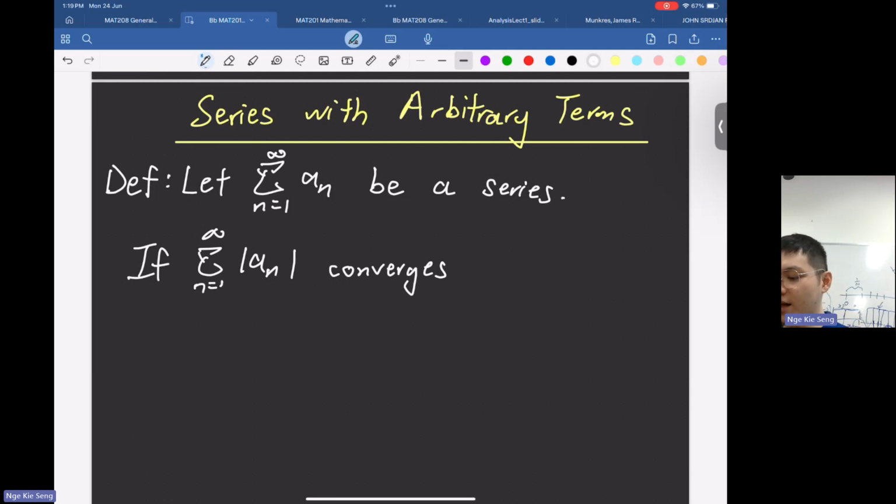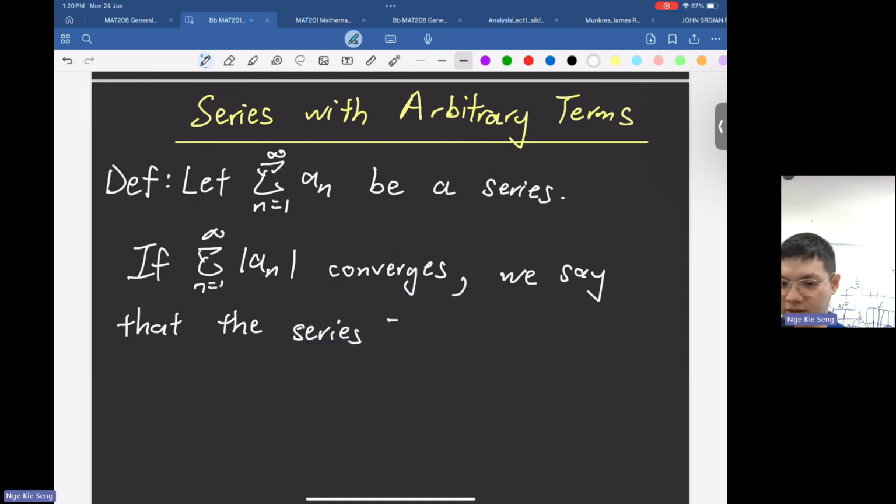If you use those tests and check that the sum of absolute terms converges, then we say that the original series converges absolutely.